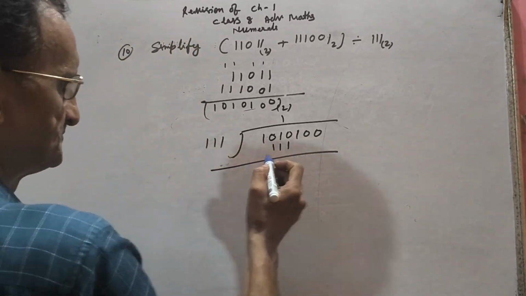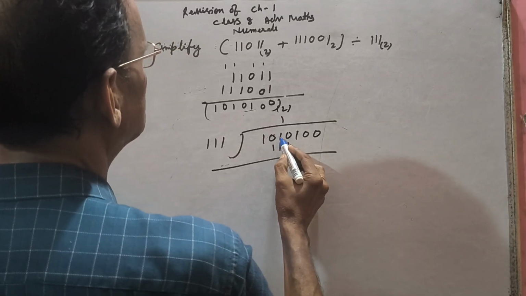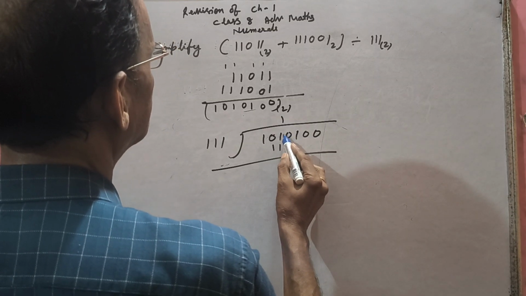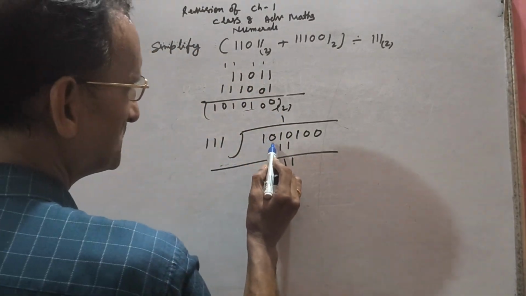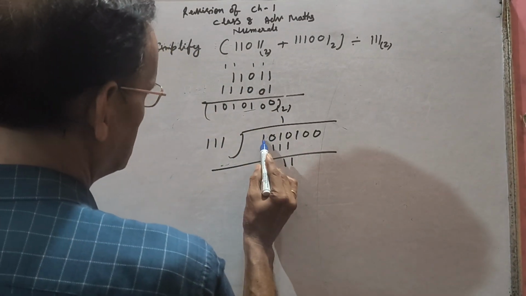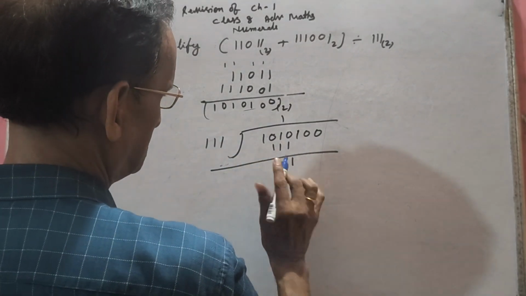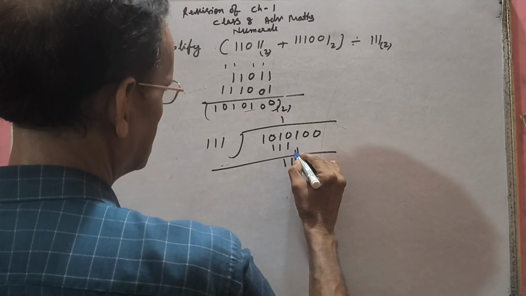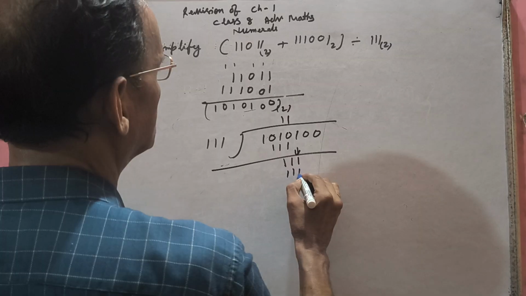Now subtract 10 minus 1 1. This will become 0 because 1 is here, so again 10 minus 1 1. 0 will become 1. So 1 minus 1 is 0, no more 1 already borrowed given here. So 11 only. Then what will I write? 1. Very clear, one time. 1 1 1.